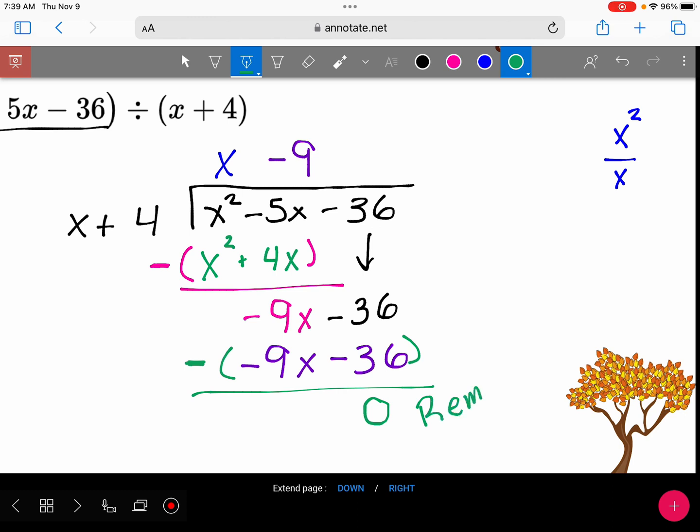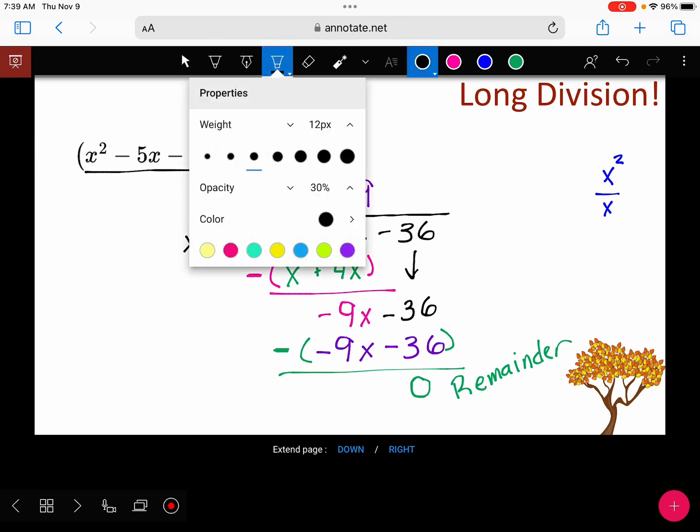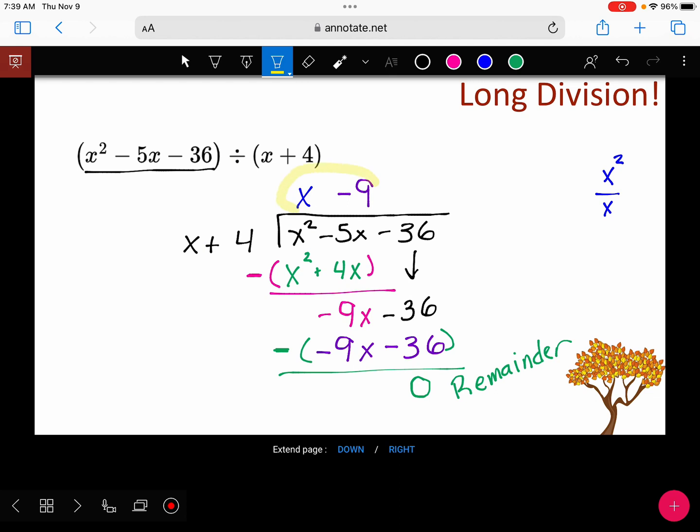We have no remainder here. So our answer here for x squared minus 5x minus 36 divided by x plus 4 is x minus 9.